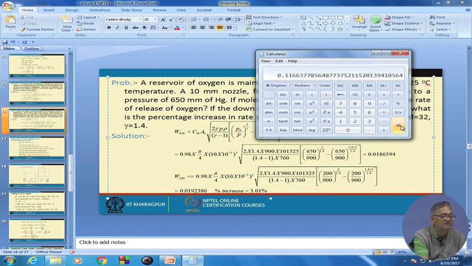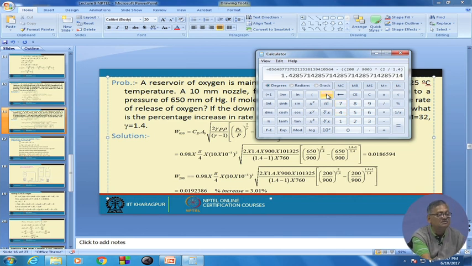So this is so minus 1, then 200 by 900 to the power 2 by 1.4, right.